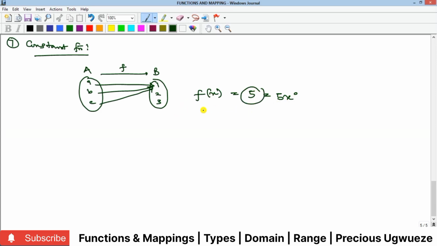So this is an example of a constant function, and you can give yourself many other examples. You remember we talked about constant polynomials when we discussed polynomials, so it's similar to what we have here. So this is an introduction to the concept of functions.